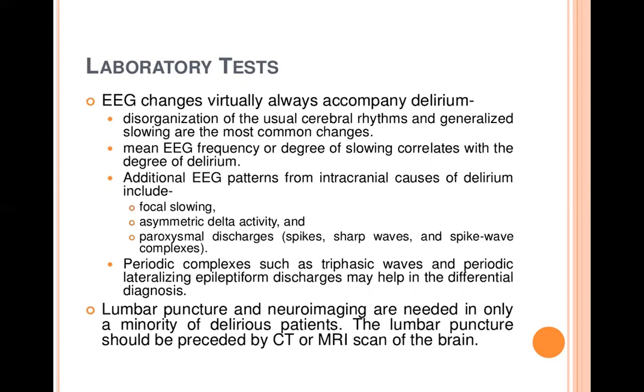As we have already discussed in etiology, one cause will be infection, so we have to see whether the patient is having any infection with the help of lumbar puncture, and any structural damage will be identified with the help of CT scan or MRI.